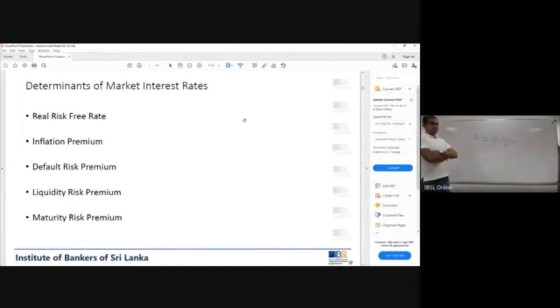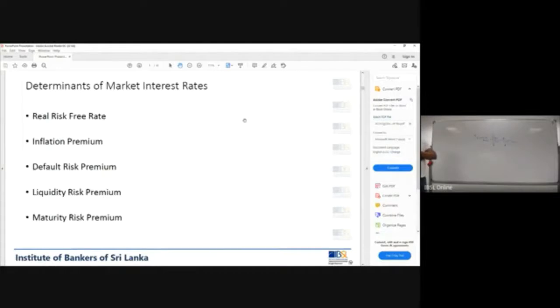Then the inflation premium, default risk premiums, liquidity risk premium, and maturity risk premium. When inflation is expected to go up, you might expect nominal rates to increase.